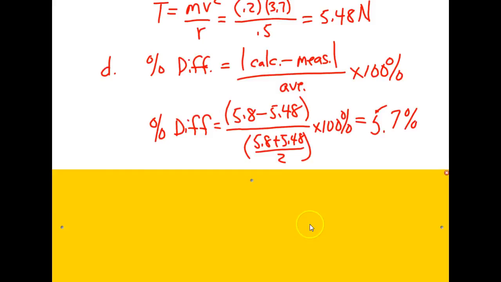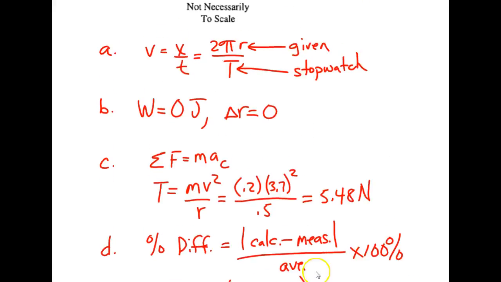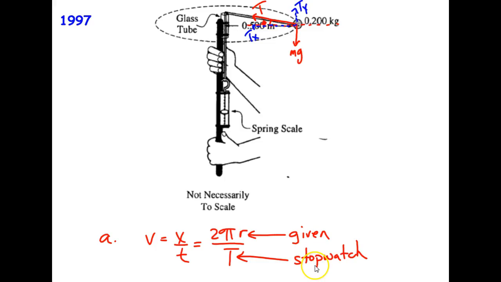Okay. All right. Part E: the student finds that despite their best efforts, they cannot swing the ball so that the cord remains exactly horizontal. On the picture of the ball below, draw vectors to represent the forces acting on the ball and identify the force that each vector represents. I'm going to scroll back up here to the diagram that I have.